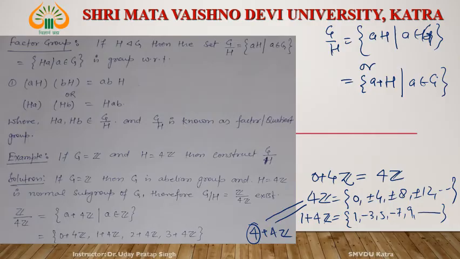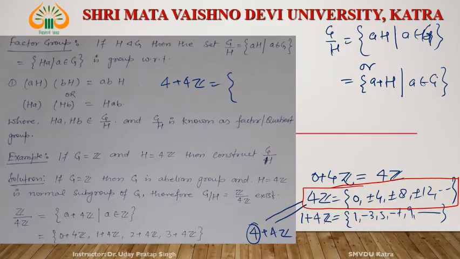See how? 4 plus 4Z means 4 plus 4Z. What is 4Z? 4Z is this, right? Add 4 to every element in 4Z.